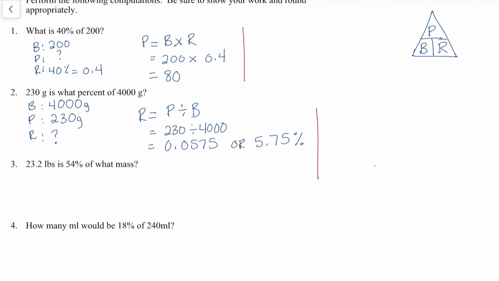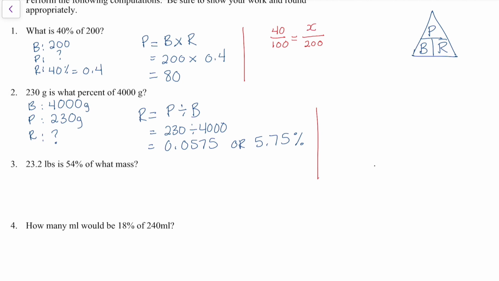So in this case, I'm saying, what is 40%? So 40% is 40 out of 100. And I'm saying, what is 40% of 200? So 200 represents my 100%. So I'm going to put the 200 next to my 100, and I'm putting an X next to 40.